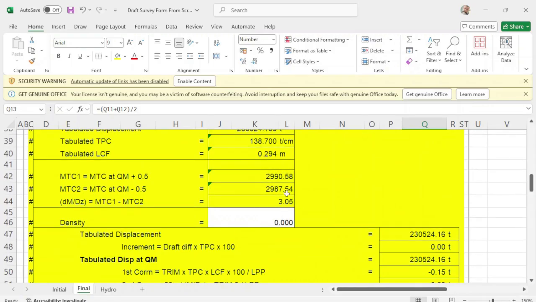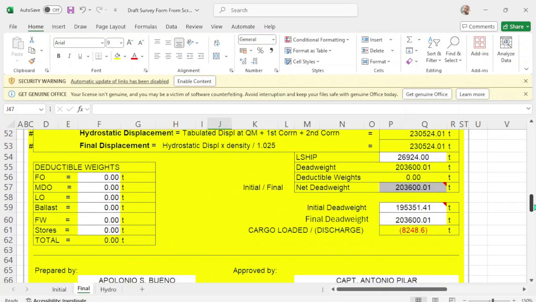Then take note of the same figures, 138.70 and 0.294, and your final density will be 1.025. Now you put your ROBs. FO is 6315. DO is 46.6.